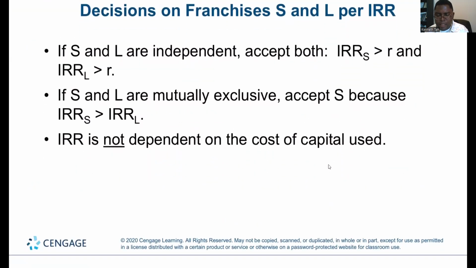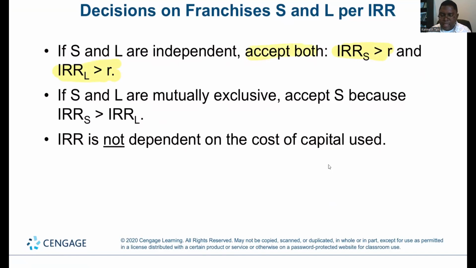We come back to the idea of projects that are independent or mutually exclusive. If two projects are independent and both of them are profitable, by which we mean the internal rate of return of project S is greater than the cost of capital, and the internal rate of return for project L is greater than the cost of capital, then we accept both projects.